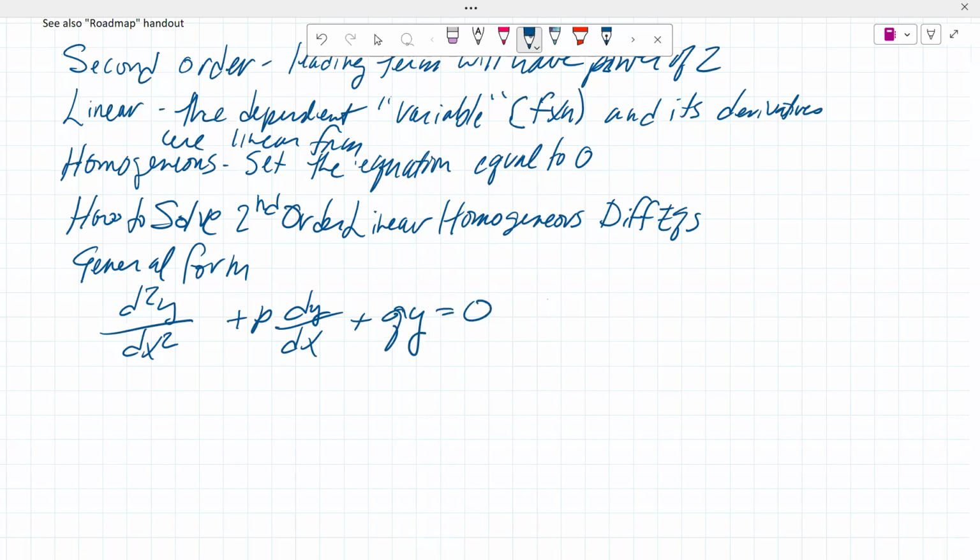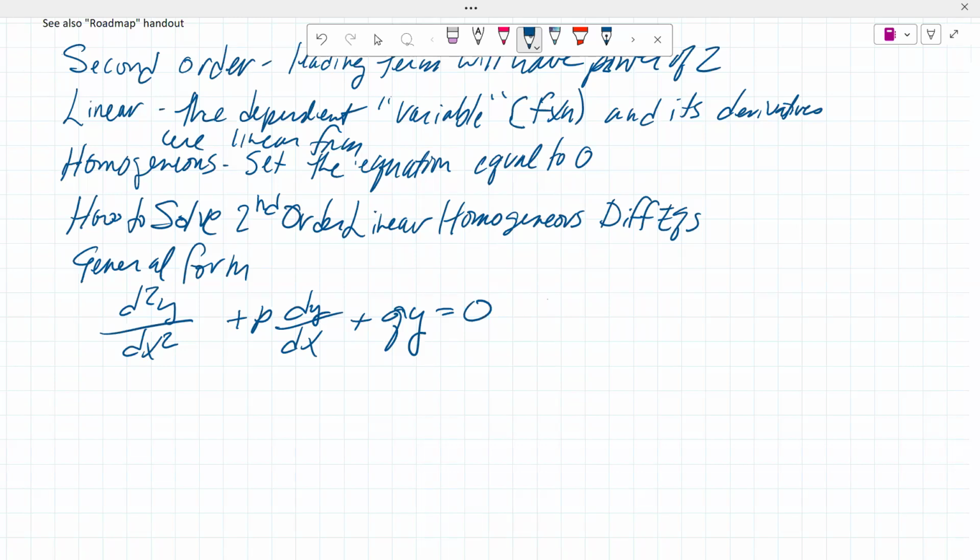Let's check it out and see if this maps up to being a second order linear homogeneous differential equation. So what is our highest derivative term? It's this one right here, d squared, right? It is a higher derivative than just plain d, because this, of course, is first order, and this one doesn't have a derivative at all. So this is our second order. So it meets the criterion of being second order. Is it linear? Well, we'll know that when we solve for y. But so far, there are no problems here.